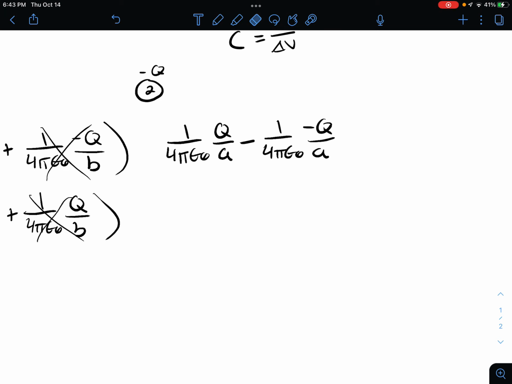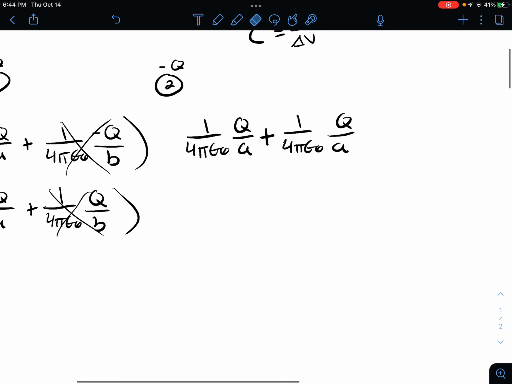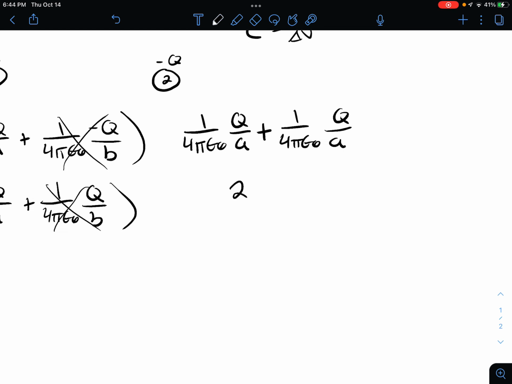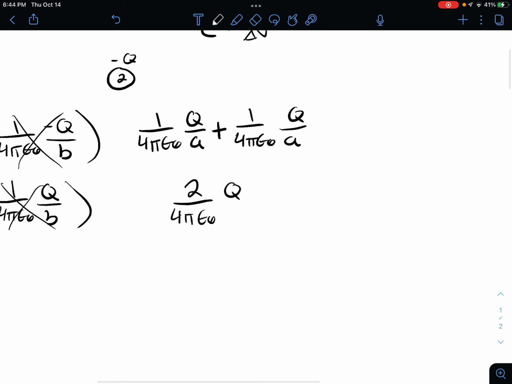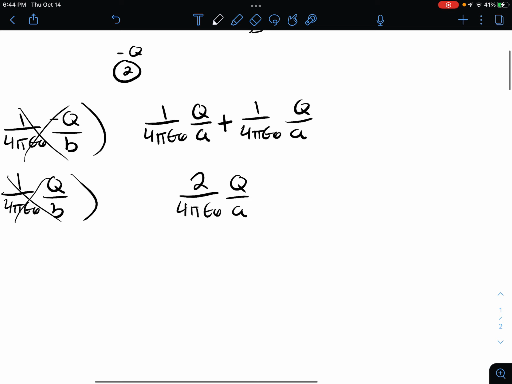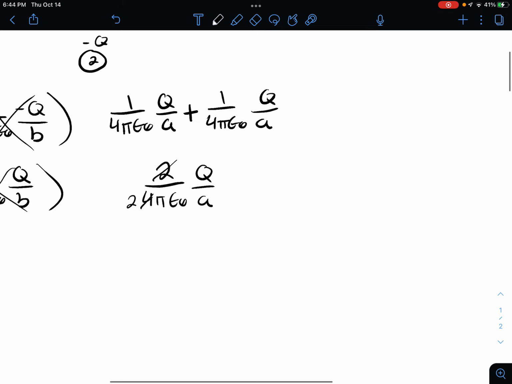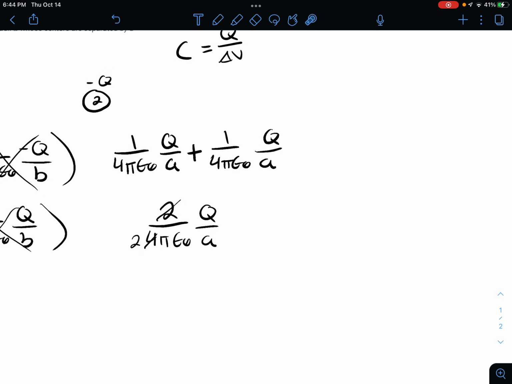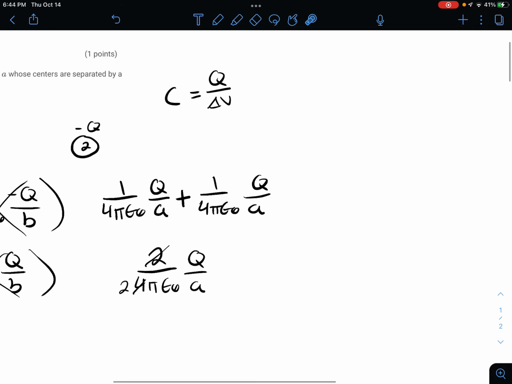The negatives cancel out and that just becomes positive. If we're adding the same thing twice, it can just be 2 over 4 pi epsilon naught Q over a. So this gives us our voltage for this system.